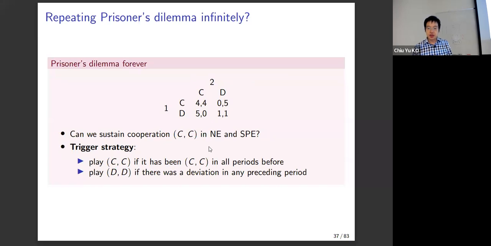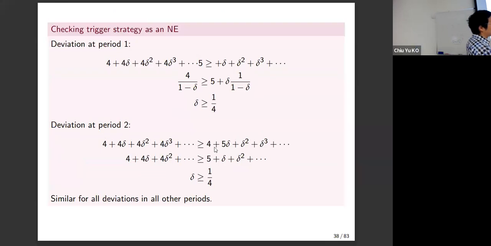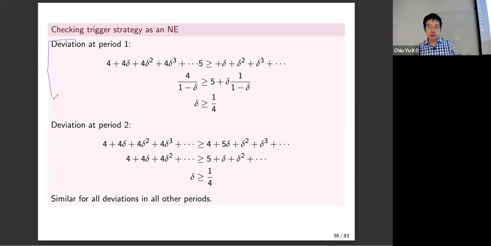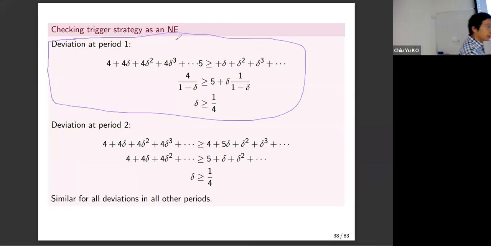So how can we check this is the case? Very simple. We'll check two things: we check Nash equilibrium and we check subgame perfection. Checking Nash equilibrium simply requires you to check whether you want to deviate from this one.